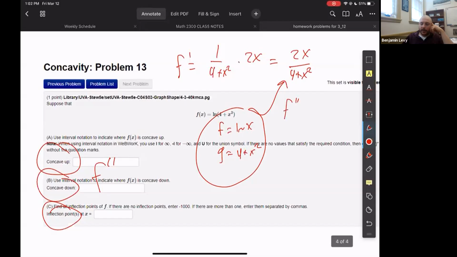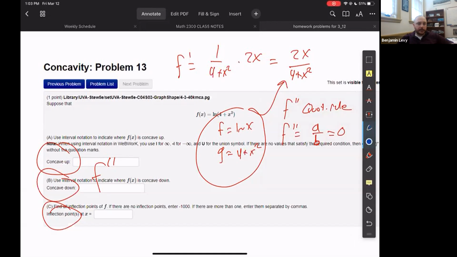And then I just want to point out that when you do f double prime, you're going to get a quotient rule. And so f double prime is going to be some fraction, and you want that to be 0. People get super flustered sometimes when it comes to fractions and solving fraction equations.